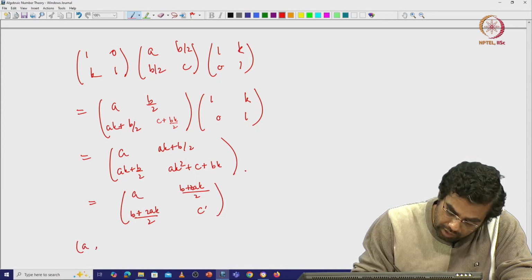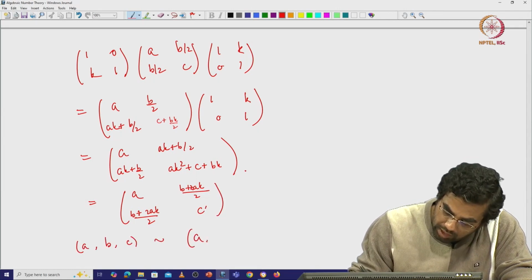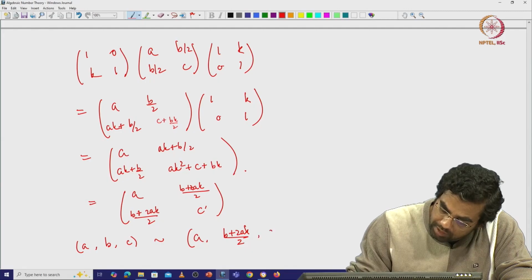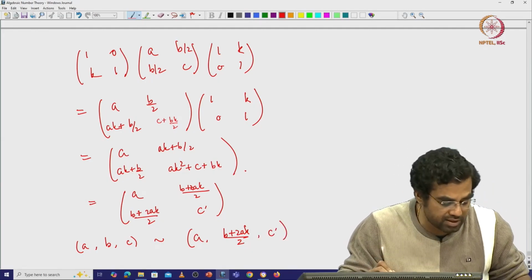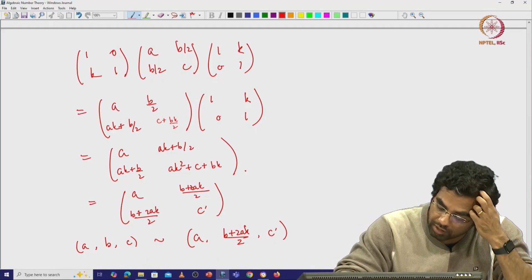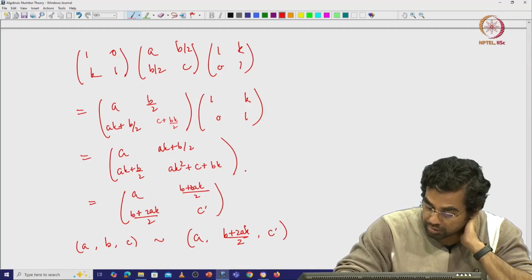Okay. So, I have shown that A, B, C is equivalent to A, B plus 2 A K by 2 and some C prime. For some C prime, it is a fixed and specific C prime, but I do not care about its value as much.